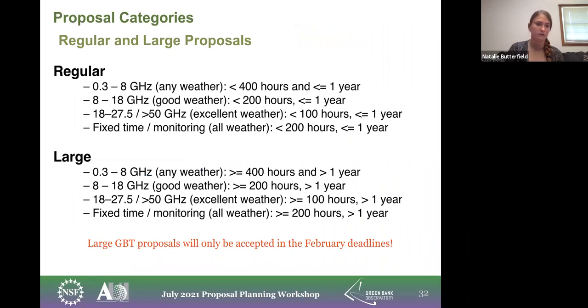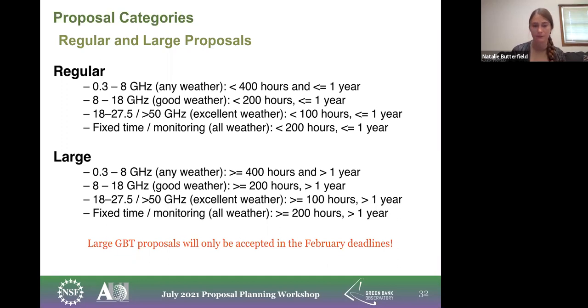All right, the differences between your proposal categories. Regular and large proposals. Regular proposals are offered every proposal cycle. Large proposals are only accepted in the February deadline. We used to have them available every cycle, but we have since changed that, and now they're only being accepted in the February deadline.